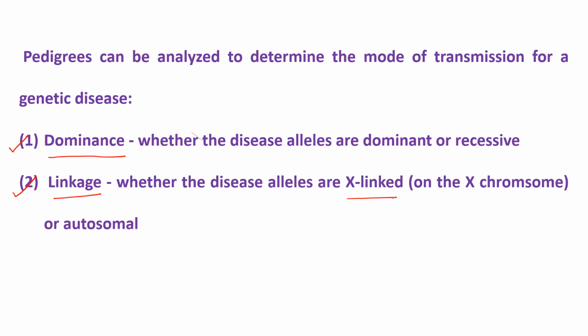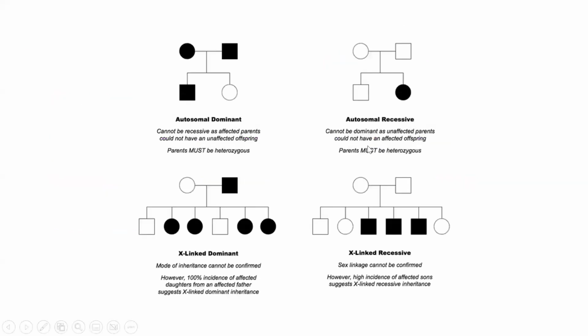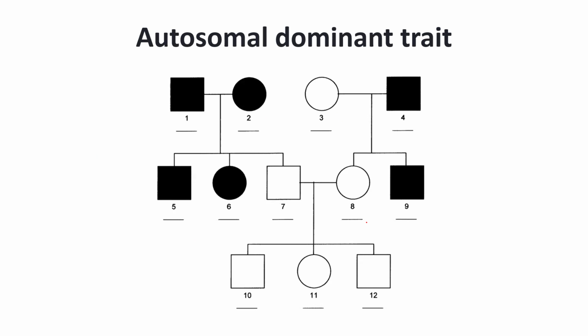That means they are on the sex chromosome or they are in the autosomes. Now here we are going to discuss autosomal dominant trait, autosomal recessive trait, X-linked dominant trait, and X-linked recessive trait. I will take each one of these separately.